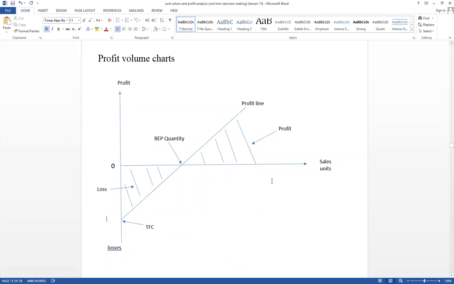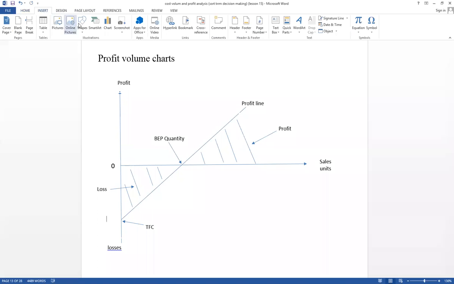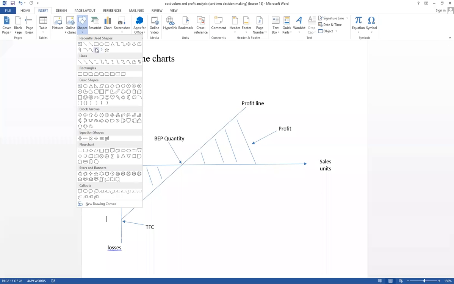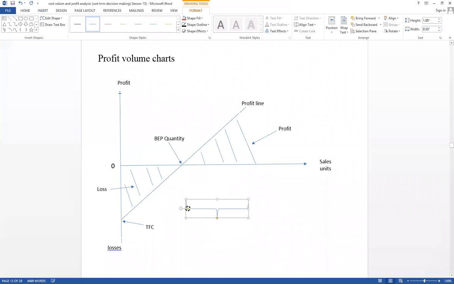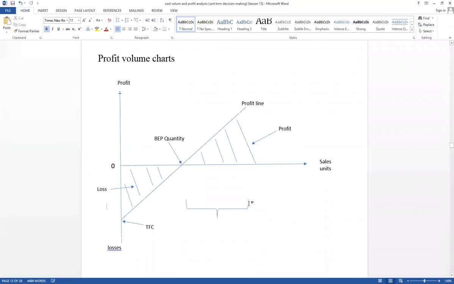Beyond the BP quantity, that is a margin of safety quantity. Therefore, can be disclosed margin of safety quantity also. Margin of safety quantity can be disclosed beyond the BP. But this is a break-even point quantity.